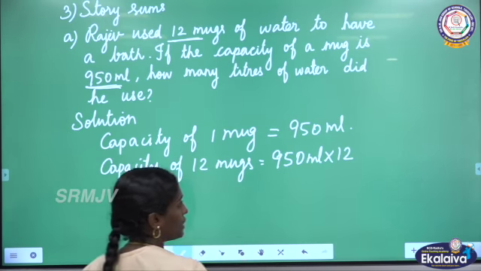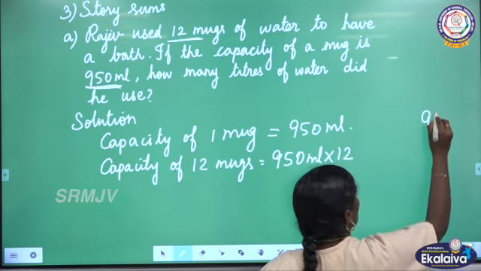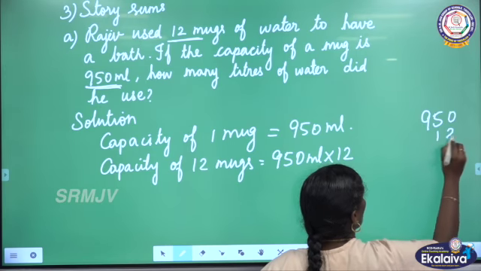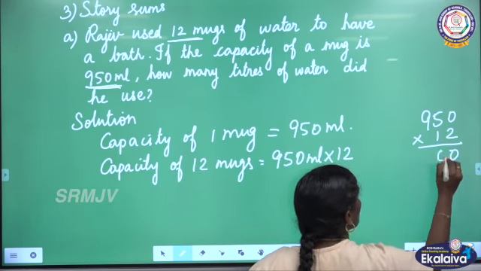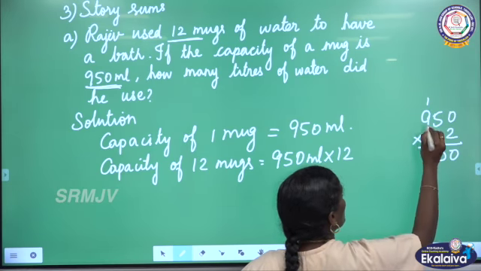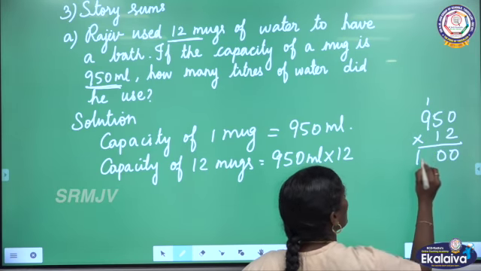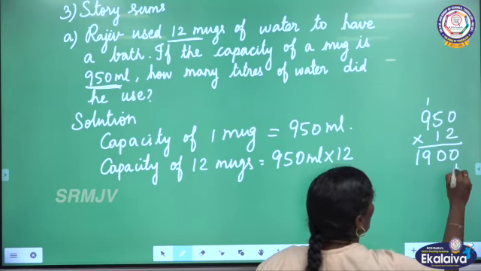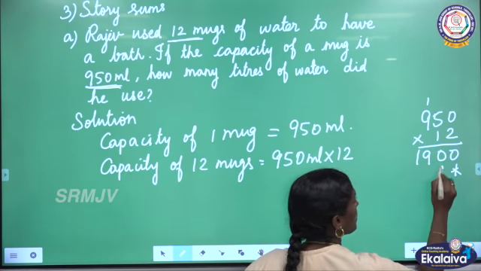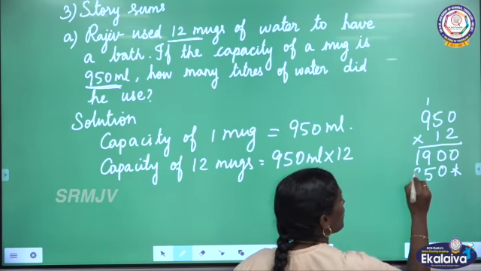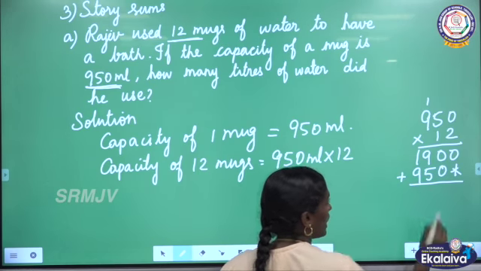Okay, now we have to multiply these two. So 950 into 12. Here 2 into 0, 0. 5 2s are 10, 0 here, 1 carry over. 2 9s are 18, 18 plus 1, 19. Then we have to leave the ones place. While multiplying a number by 1, we will get the same number. So 0, 5, 9.